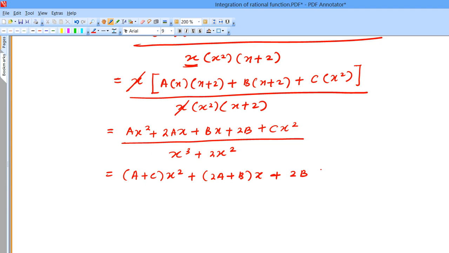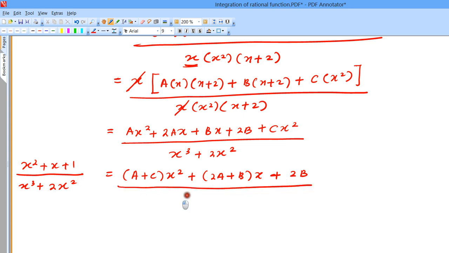So actually on the left hand side we have (x² + x + 1)/(x³ + 2x²), and then we can compare coefficients.